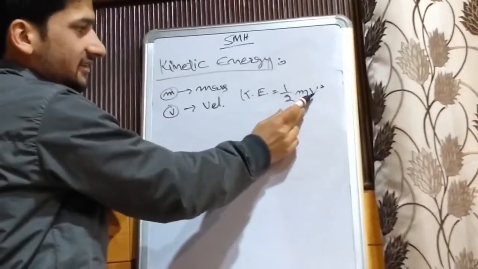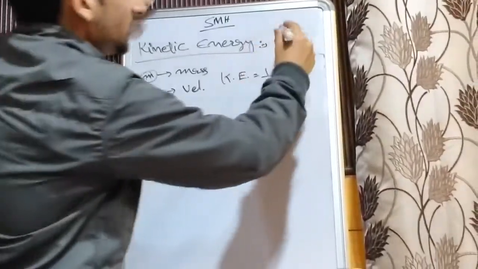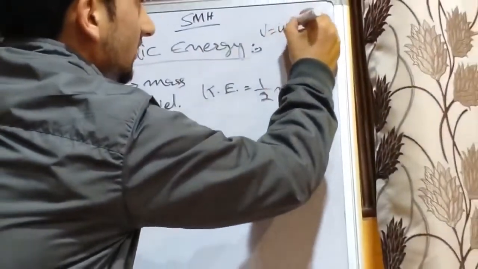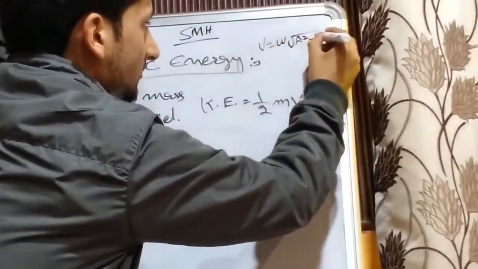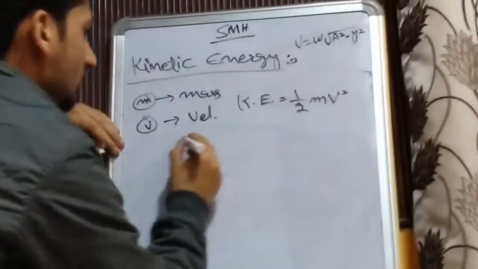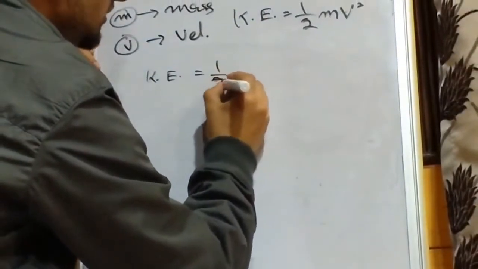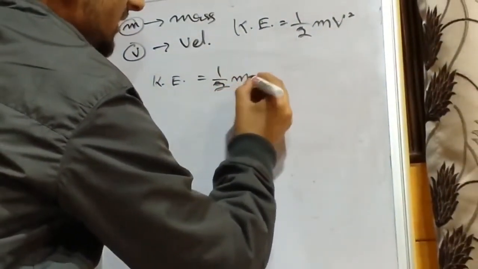We will replace this v using this equation, v equal to omega under root of a square minus y square. So kinetic energy will be equal to 1/2 of m.